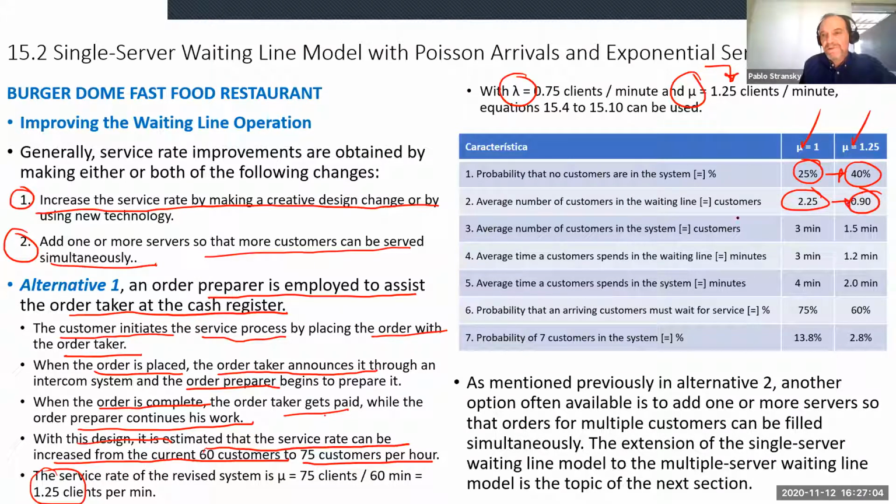Wow, this was impressive. Only one, or sometimes less, no? Average number of customers in the whole system, here there were 3, here there are going to be 1.5. This is wrong. This should be customers.